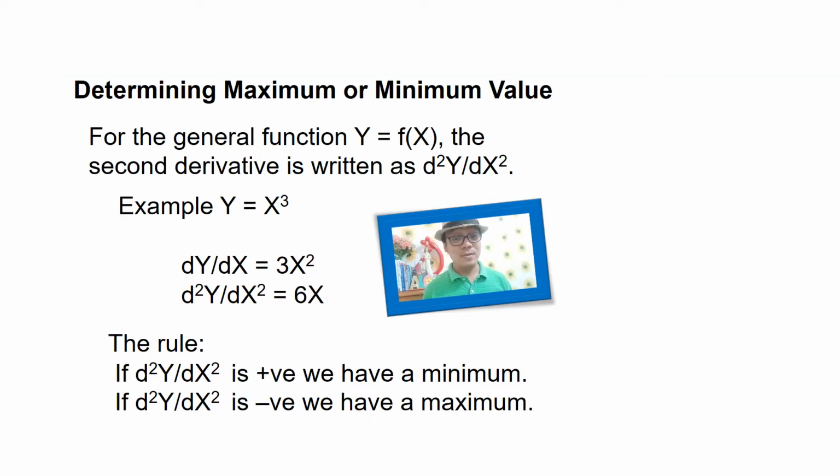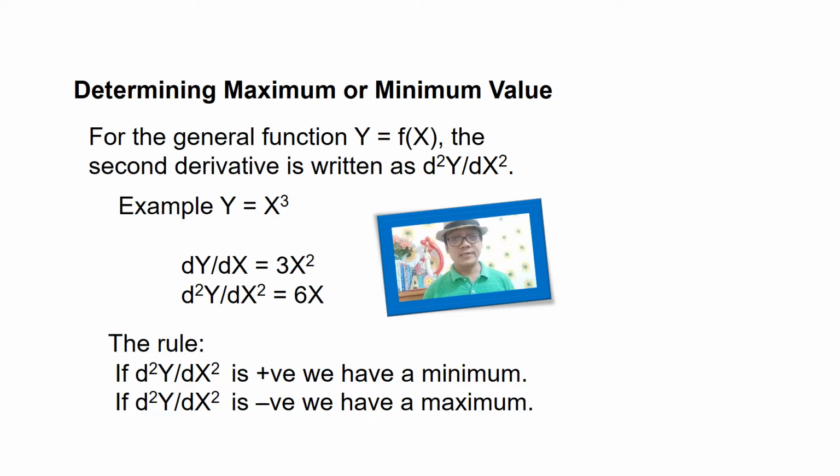Determining maximum or minimum value. To distinguish between a maximum and a minimum point, we use the second derivative. For the general function y equals f of x, the second derivative is written as d squared y over dx squared. For example, y equals x cubed.